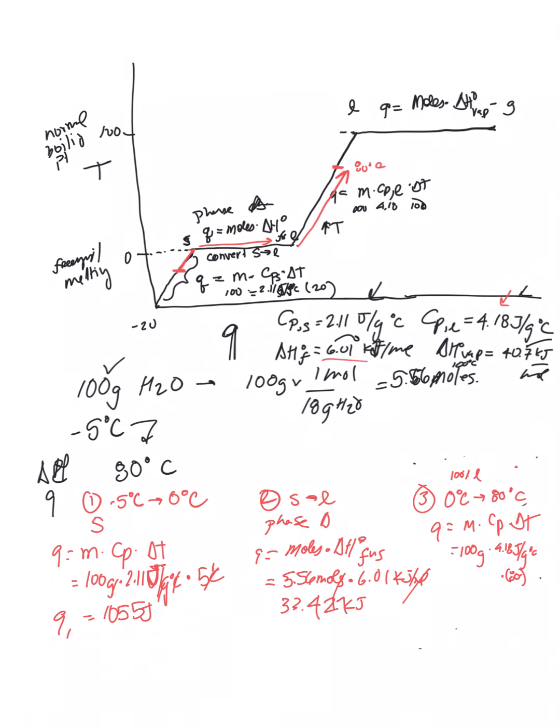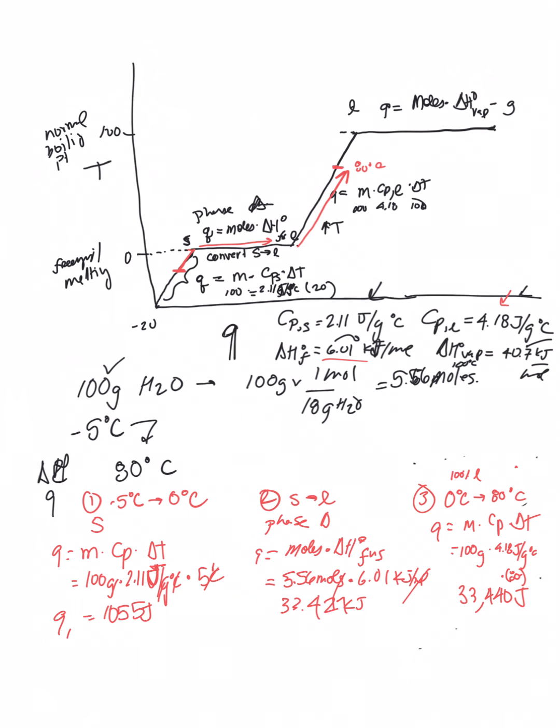So we have 100 times 4.18 times 80. Okay, so that gives us 33,440 joules. Interestingly enough, very close to our previous one. Actually, it's a little creepy. I did not do that intentionally.